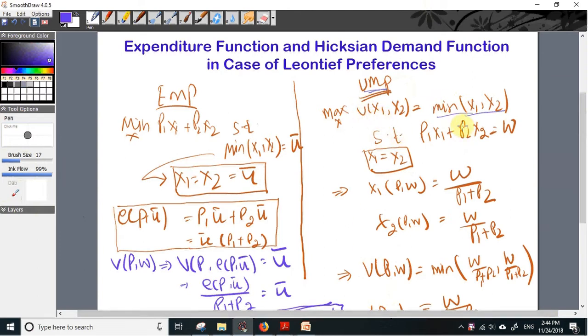In this case, we cannot use the Lagrangian optimization technique or our optimal condition MRS equals p1 over p2.